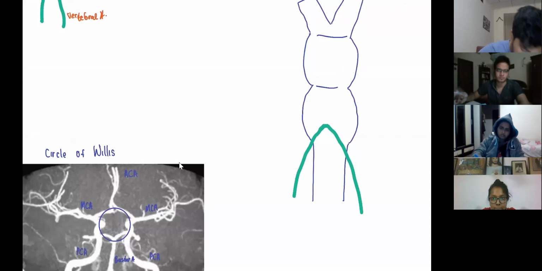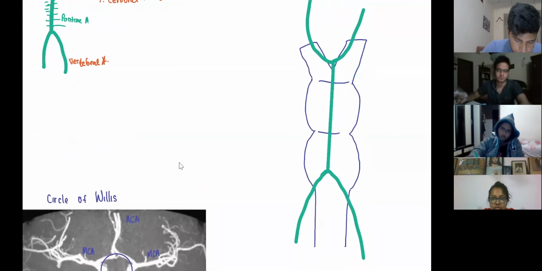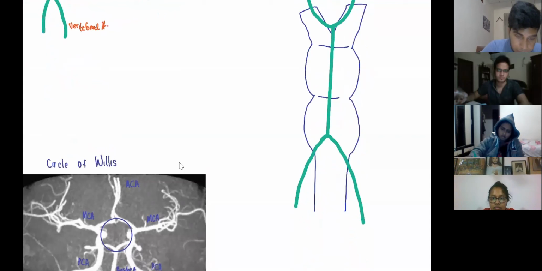There, it forms the basilar artery, which goes all the way up. And in this area, where I told you the cranial nerve 3 is, will divide to form the posterior cerebral arteries. Okay. I hope you guys understand this.